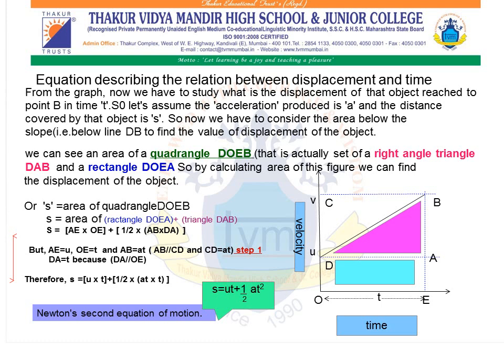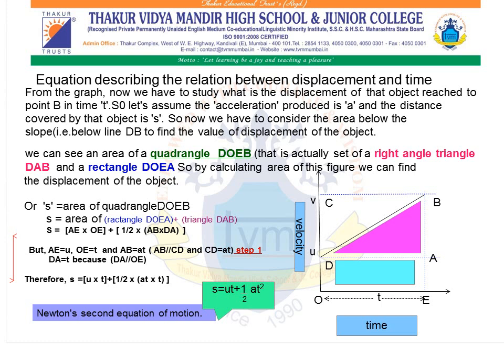So by calculating the area of this figure we can find the displacement of the object, or we can write displacement S is equal to area of quadrangle DOEB, or S is equal to area of rectangle DOEA plus right angle triangle DAB, because this quadrangle DOEB is made up of this rectangle and triangle.